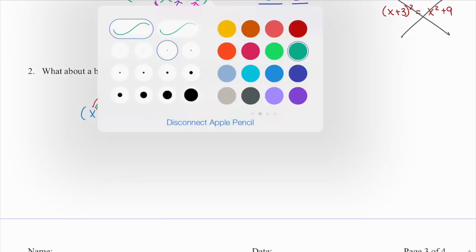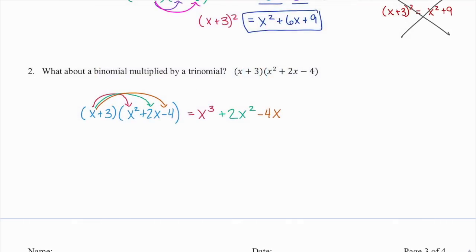I'm double distributing here, or triple distributing in this case. I've got to multiply my 3 now by everything in the trinomial, so I've got 3x squared plus 6x minus 12. Negative 4 times 3 is negative 12.